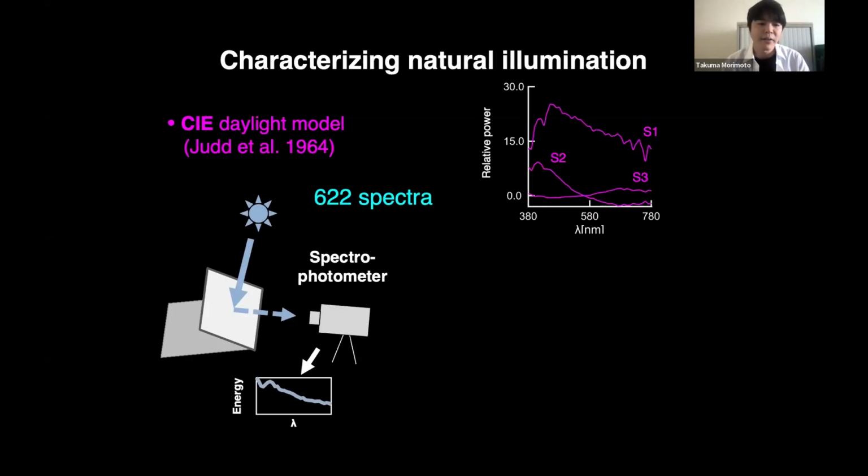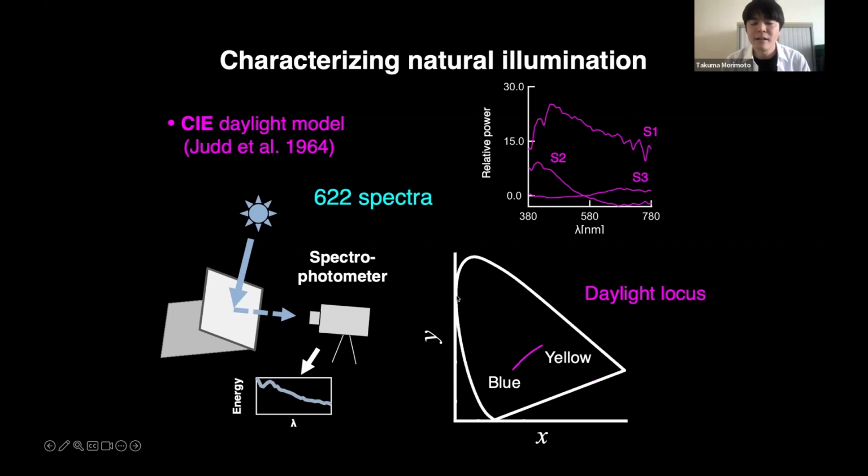And they found something interesting here. Only 3 basis functions, just 3, are enough, which means that by adding these 3 functions in different ways, we can reconstruct any daylight spectra we typically encounter in daily life. So natural lighting has a very strong regularity in the spectral shape.